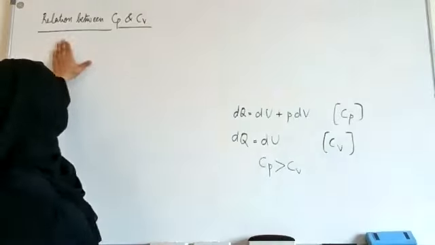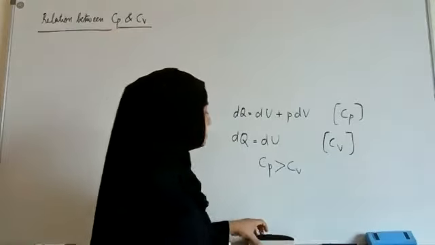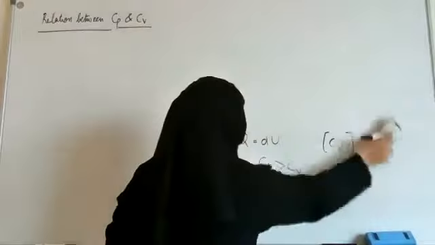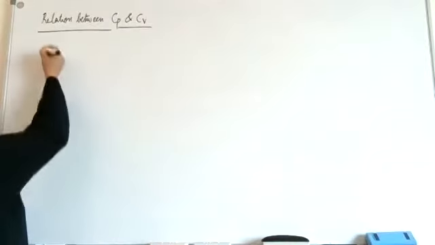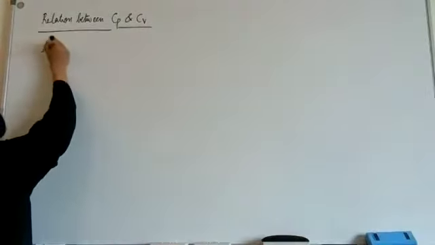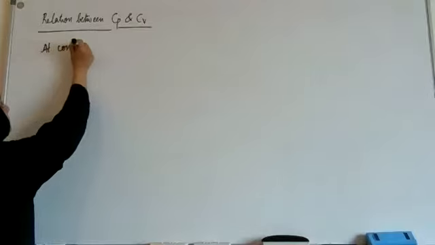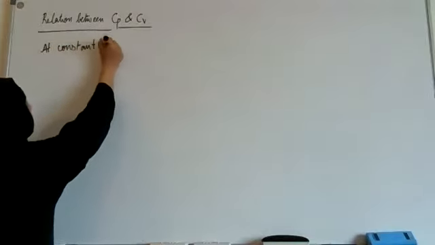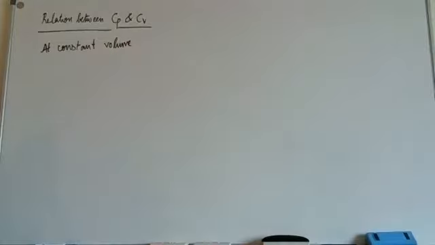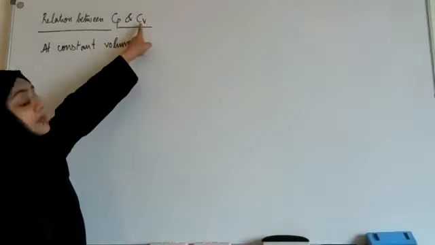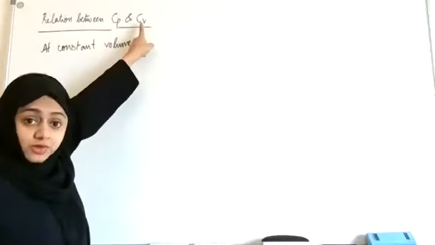Now let us find a relation between Cp and Cv. So let us take the case of constant volume. At constant volume, the molar specific heat capacity is Cv, right?